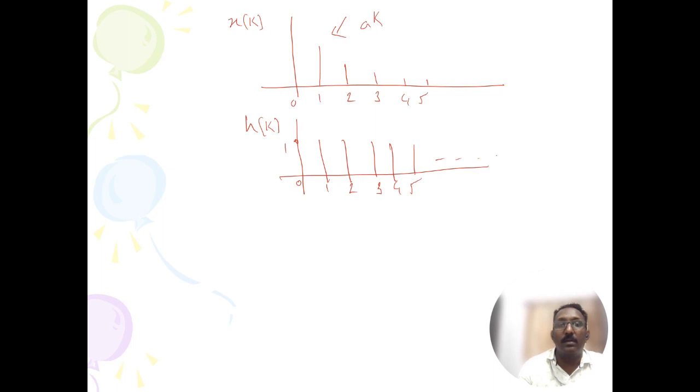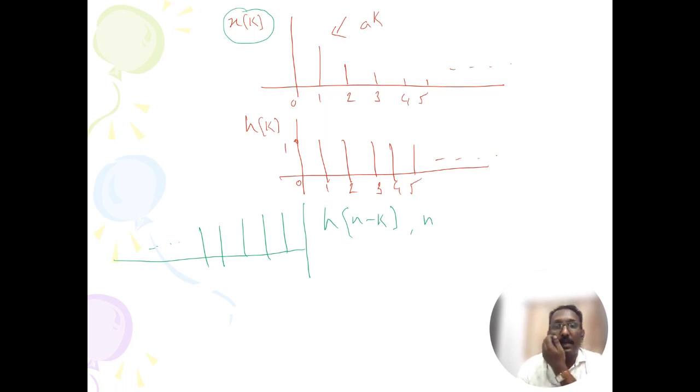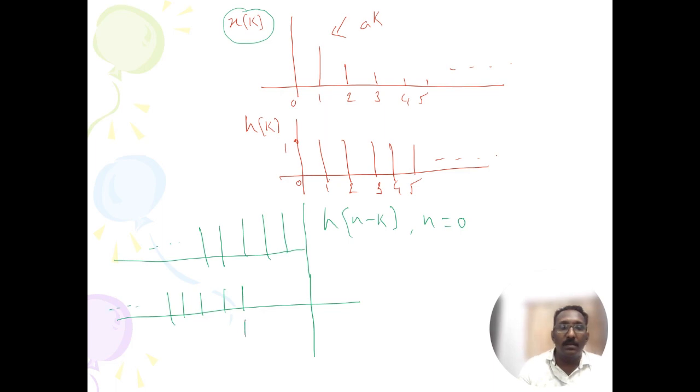You have to keep one signal constant. At present x of k is constant, and for the second signal I am taking the measurement, which is h of n minus k. This is for n equal to 0. Similarly, this is h of n minus k for n less than 0.